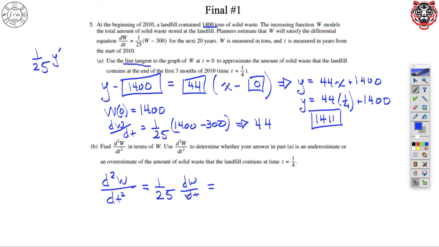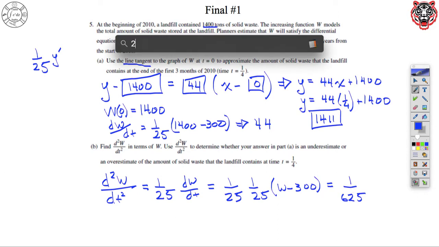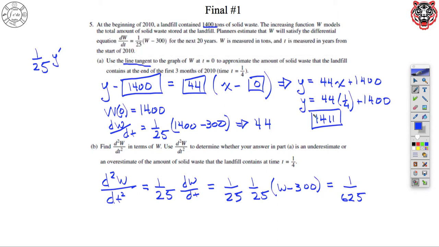And we know what that is. dw dt is already given to us, so that's going to be 1/25 times 1/25 times w minus 300. And if I want to simplify that a little bit, I can say that's equal to 1 over, is that 625? Maybe you shouldn't simplify it, but I think it is 25 squared. It is 625 times w minus 300.